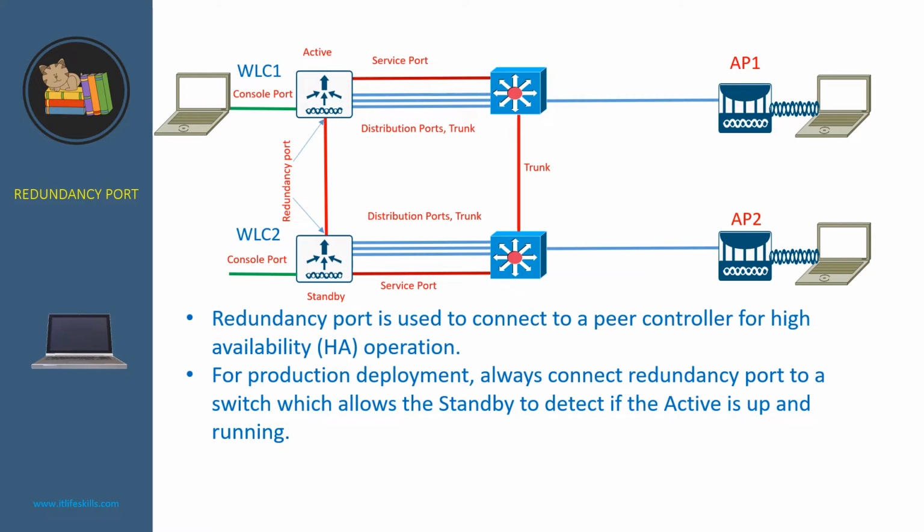The wireless LAN controller also has a redundancy port. The redundancy port is used to connect to a peer controller for high availability operation. For production deployment, always connect the redundancy port to a switch, which allows the standby to detect if the active is up and running.